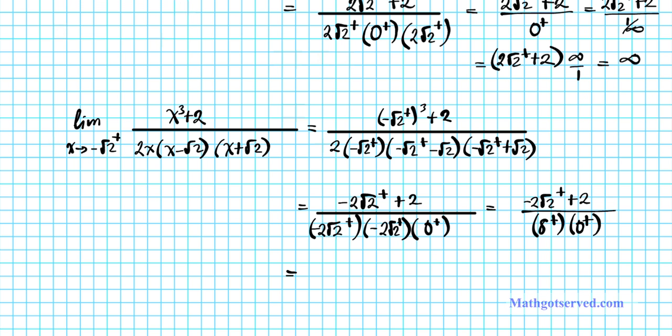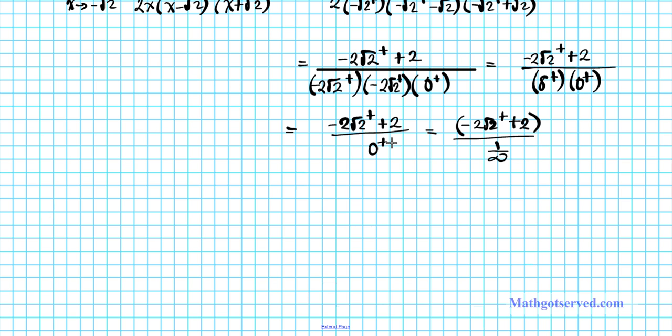Okay, so this becomes negative 2 root 2 from the right plus 2 divided by, in the denominator you have 0 from the right, a very small positive number. Negative 2 root 2 from the right plus 2 is divided by 1 over infinity first, so we don't get confused.